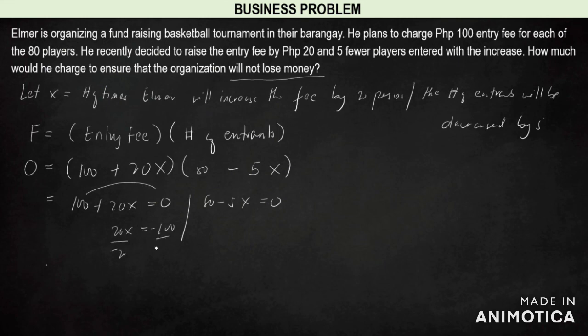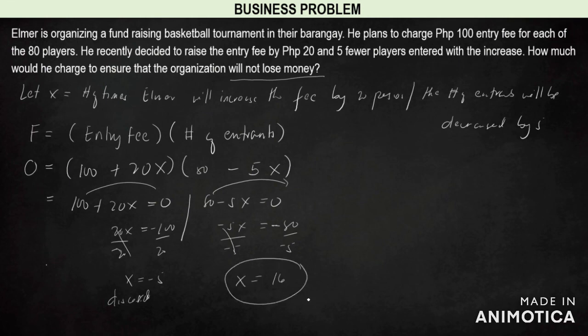Dividing both sides by 20, our x is equal to negative 5. This mathematical solution cannot be the solution for this problem, so we're going to discard this. How about the other one? Transpose, so we have negative 5x equals negative 80. Dividing both sides by negative 5, we have x is equal to 16.